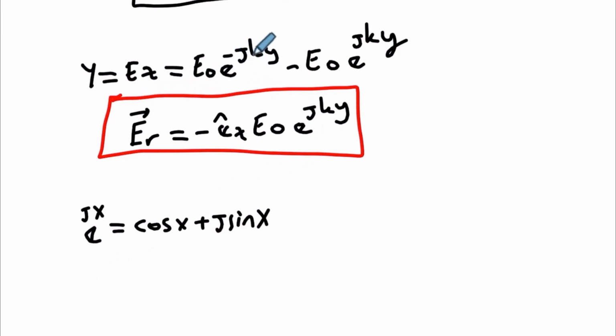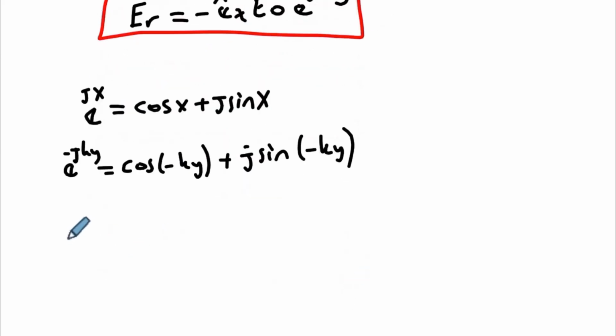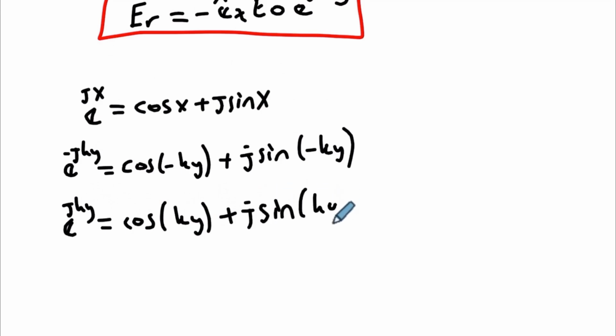Let's write e raised to the power of negative jky here. Since what's next to j goes into the cosine and sine, whatever is next to j in the cosine here is negative ky plus j sine negative ky. Also, I need to find e raised to the power of jky. The cosine goes inside with what's next to j: cosine ky plus j sine ky.